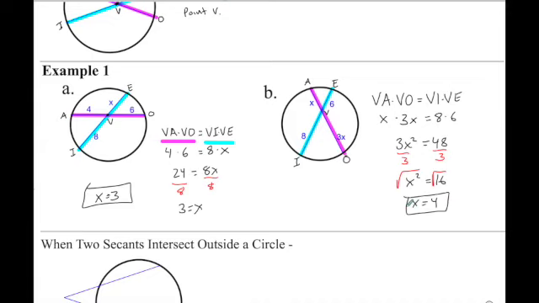We get x equals 4 for our answer. And that looks pretty reasonable. That means that this segment right here, AV, I'll write down here AV equals 4, and VO equals 3 times 4, which is 12. So possibly I might want to find the two segments in the circle.